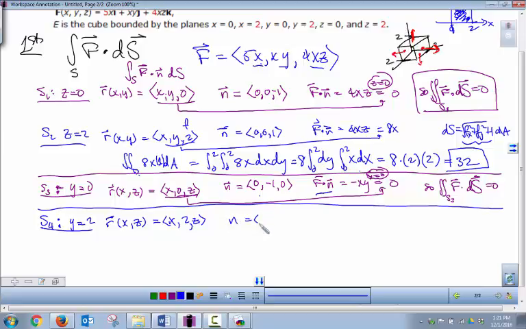Normal vector is going to be in the positive direction now. So F dotted with n is going to give us a positive xy. And y is equal to 2, so this is 2x again.